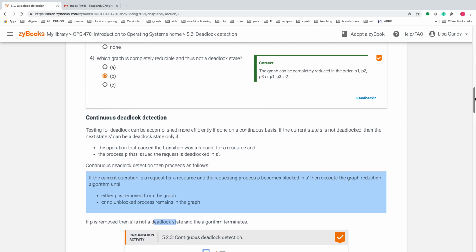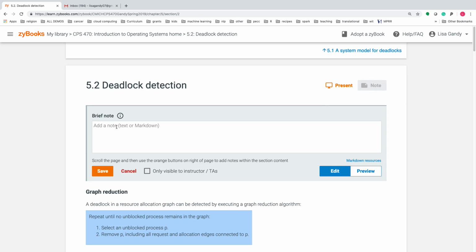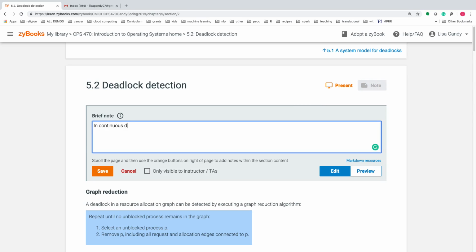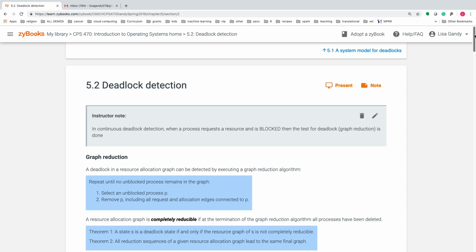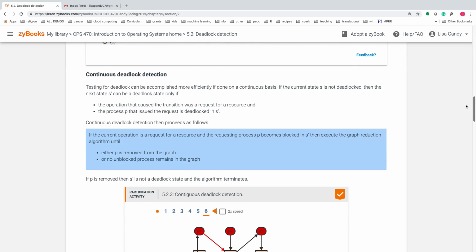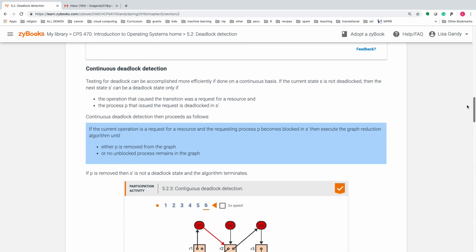So let me make a note. Isn't that what it said though? Did it? Maybe I just didn't read it well enough. It says deadlocked.